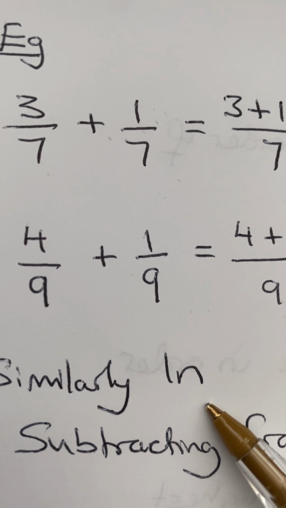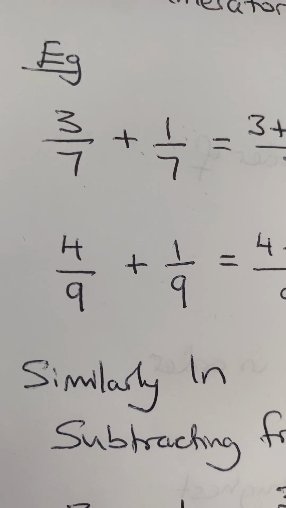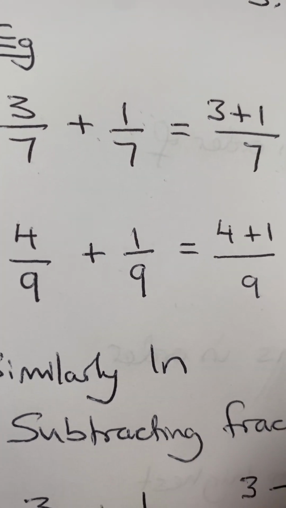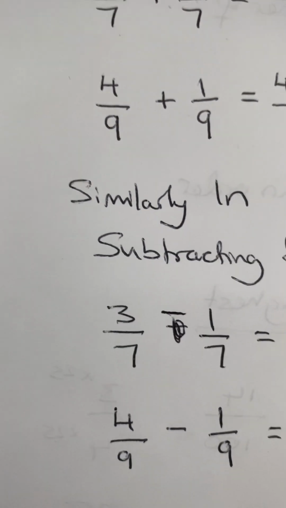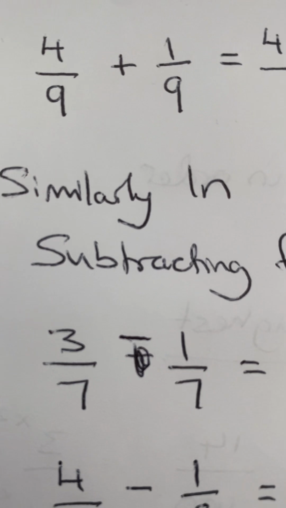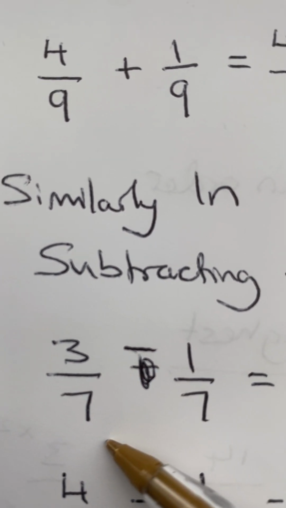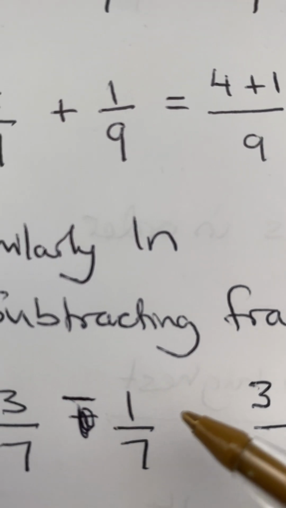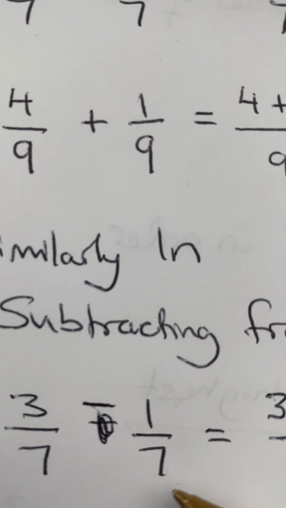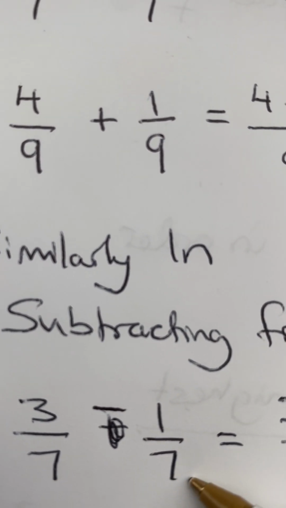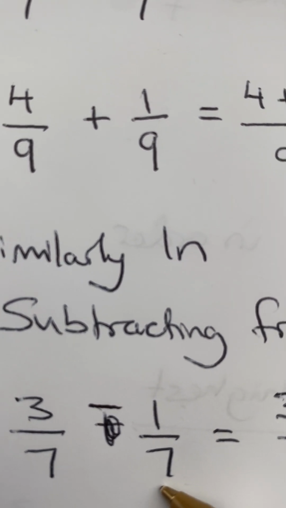Similarly, assuming we are subtracting, 3 over 7 minus 1 over 7. The denominators are the same.